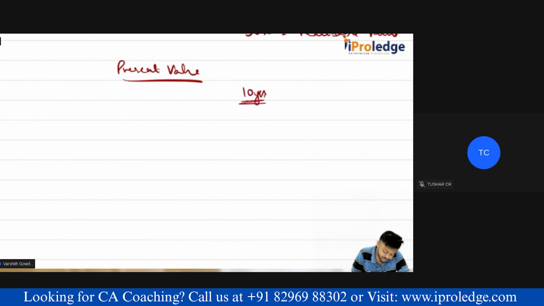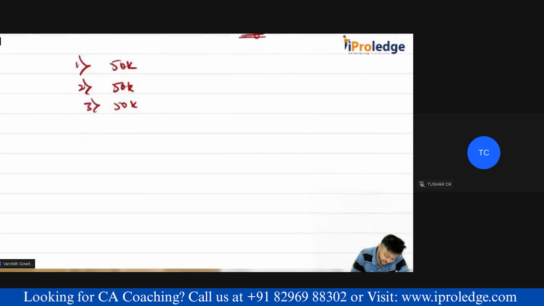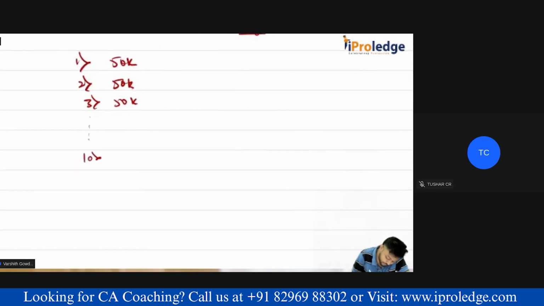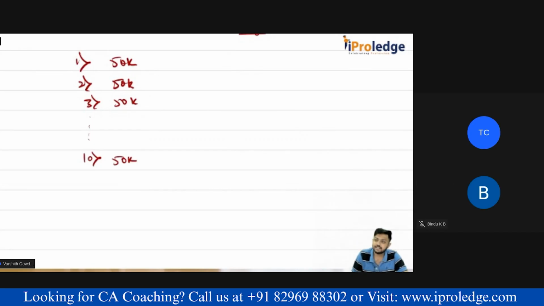Then I'm estimating, first year I get economic benefit of 50k. Second year, 50k. Third year, 50k. Like this, for 10 years I will get benefits. So what is the value? 50k into 10 is 5 lakh.